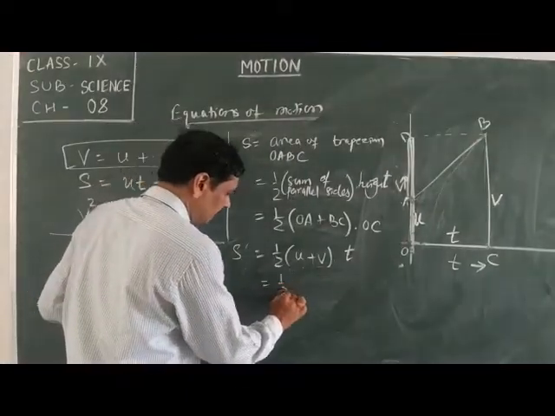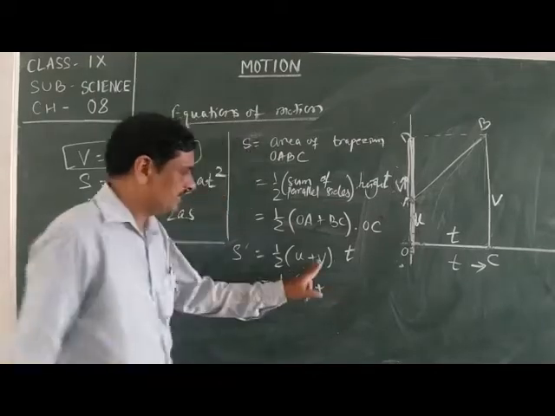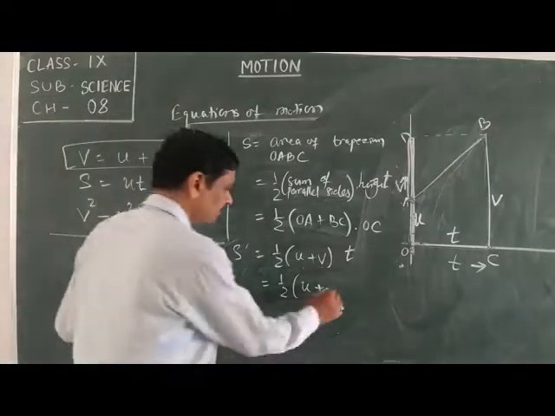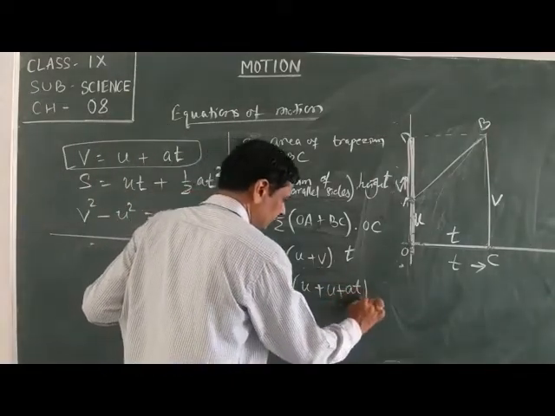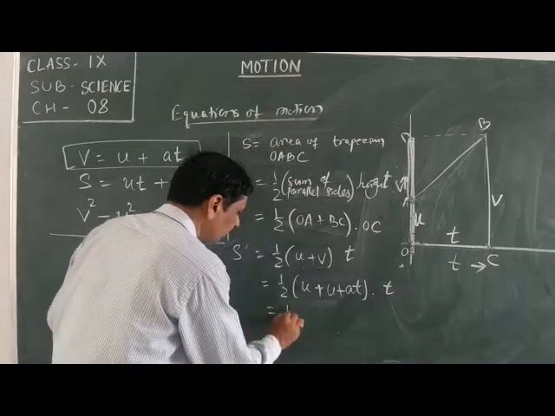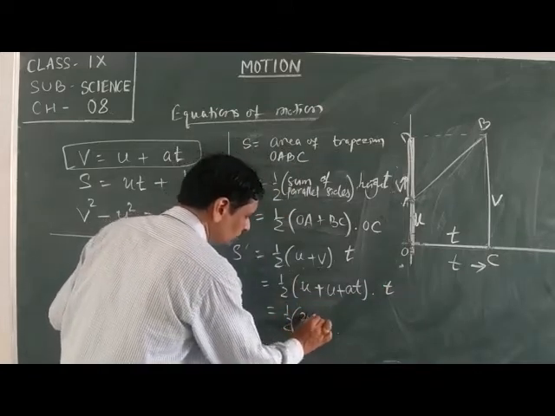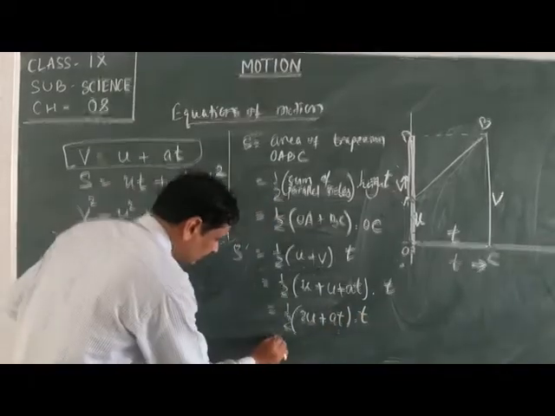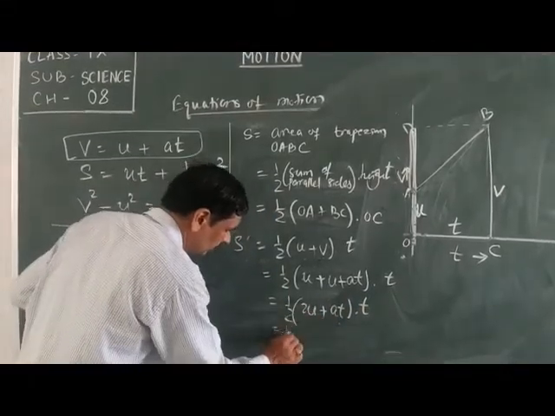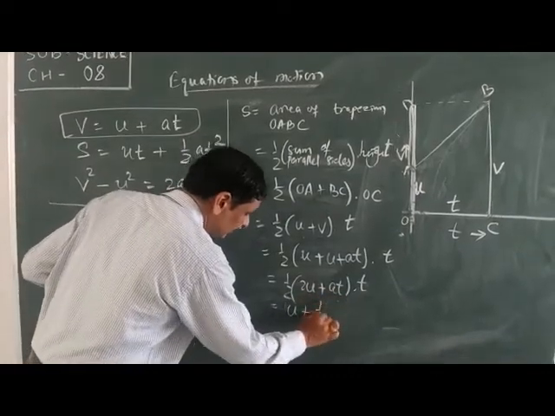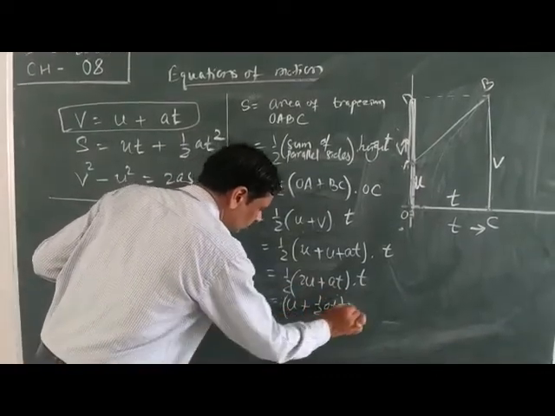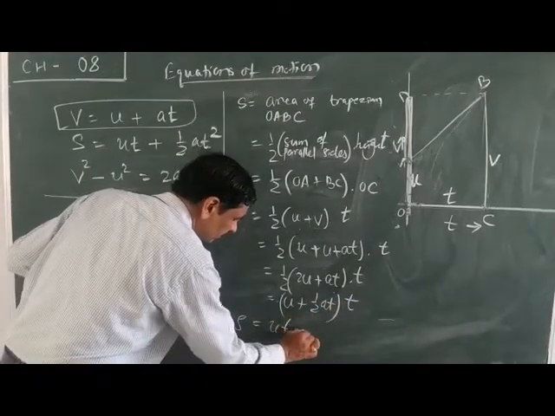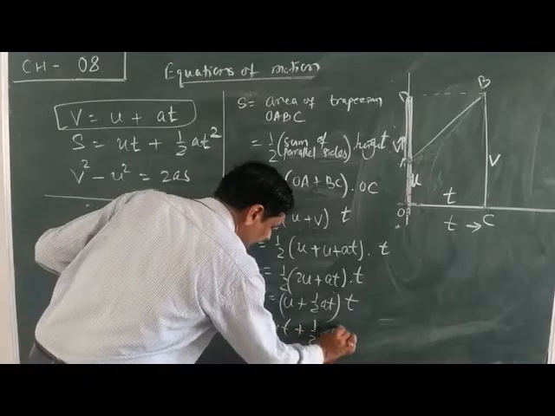This implies half into u plus v, where the value of v is substituted as u plus at, into t. This is half into 2u plus at into t, which is ut plus half at square. This implies s is equal to ut plus half at square.